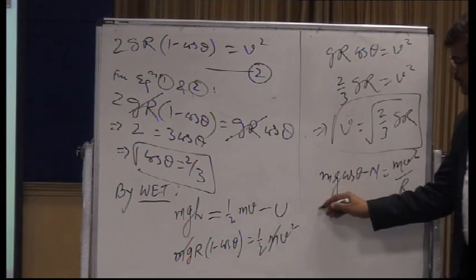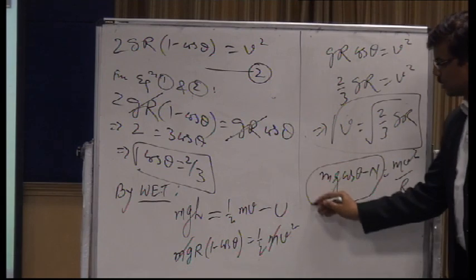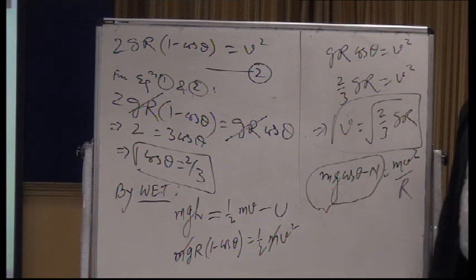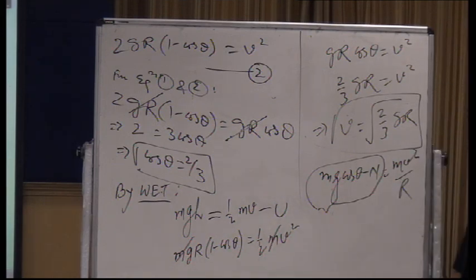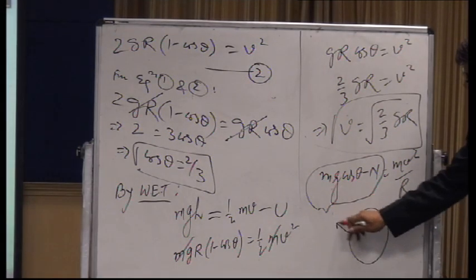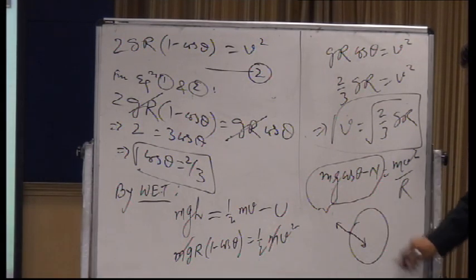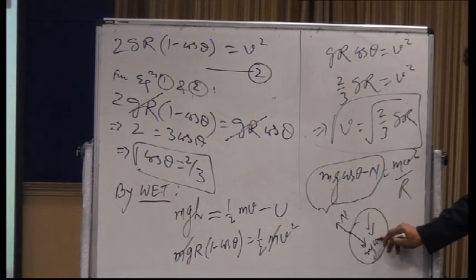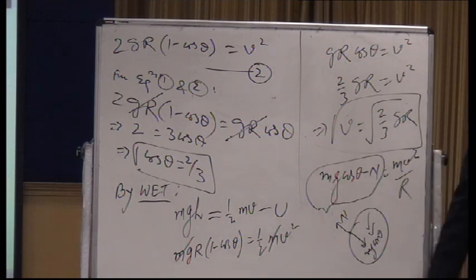We normally say that net force towards the center is equal to centripetal force, which we have done in circular motion. So what is the net force towards the center? It is mg cos theta minus N, because N happens to be outward force and mg cos theta happens to be inward force. This is N and this is mg cos theta. Any other question?